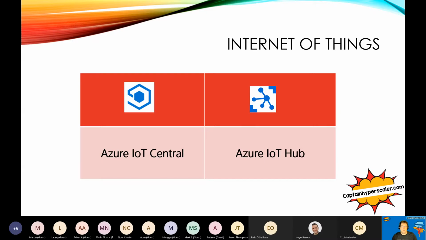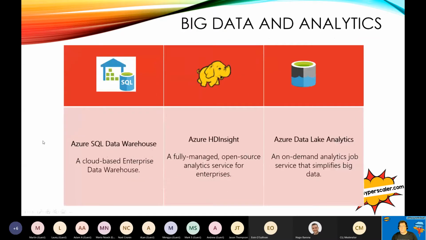And then IoT Hub is a managed service that is that messaging hub and works to collect that telemetry data, collect those messages, and feed that information into the Azure environment, into the data services that you're utilizing. So those are some key things around Internet of Things.